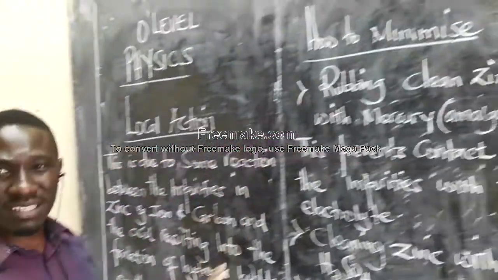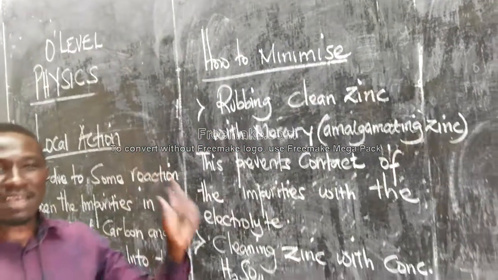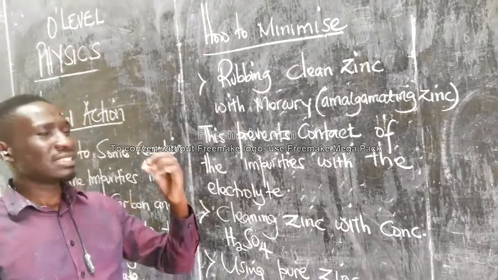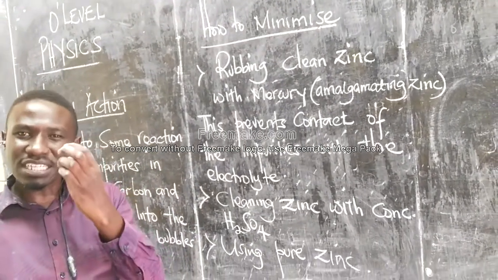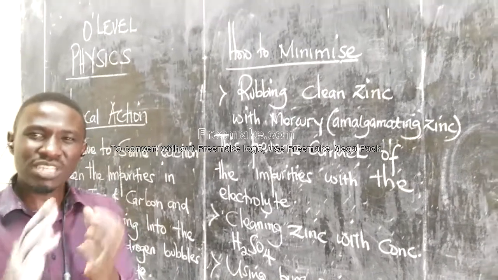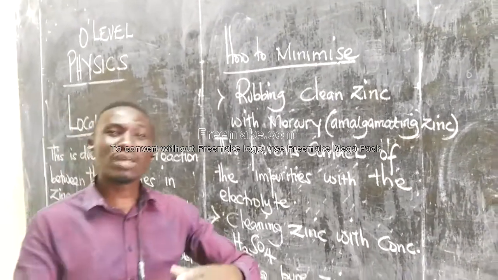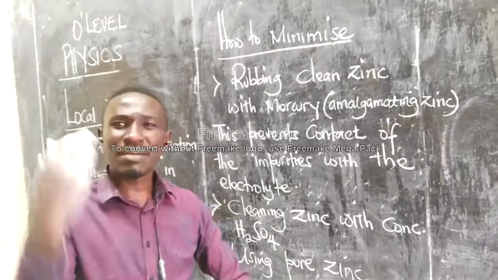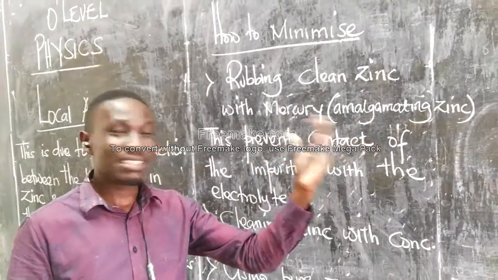How can we minimize this problem? We can minimize it by rubbing zinc, and that zinc must be clean. You rub it with a small globule of mercury. You just rub it with mercury. You create what we call a zinc amalgam, or you amalgamate zinc.